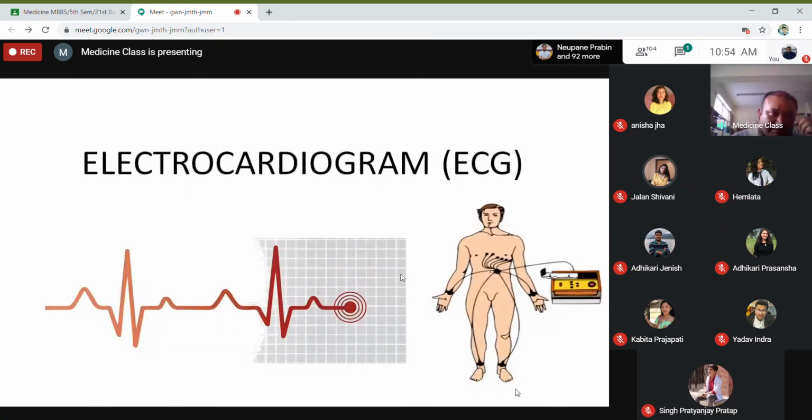We'll talk about this ECG, and most of the cardiac diseases are usually diagnosed on the basis of electrocardiogram.